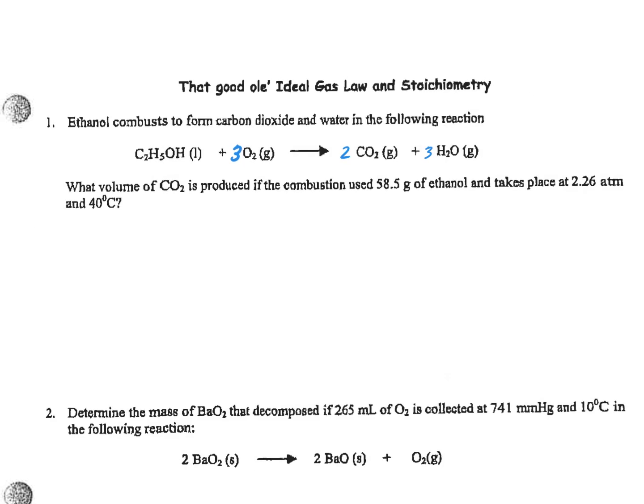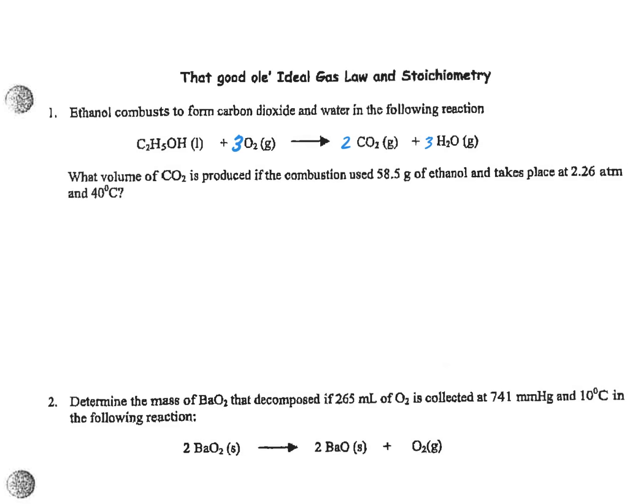So what are we going to do here? The question is this. What volume of carbon dioxide is produced if the combustion used, okay, so in this reaction, we're using 58.5 grams of ethanol, and it's taking place at this pressure at 2.26 atmospheres at 40 degrees Celsius.